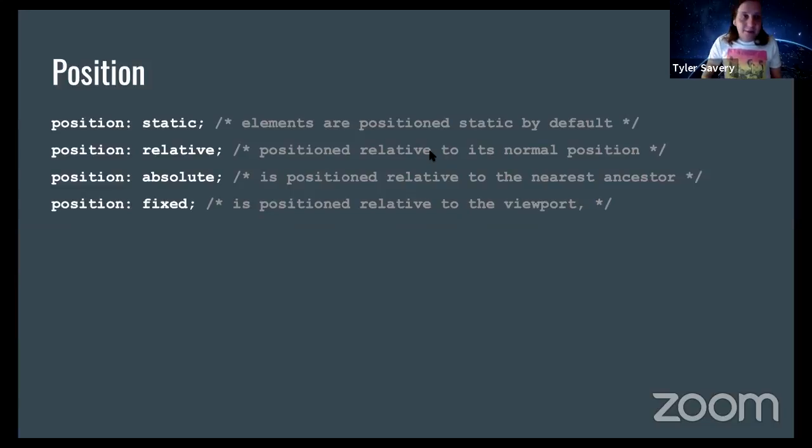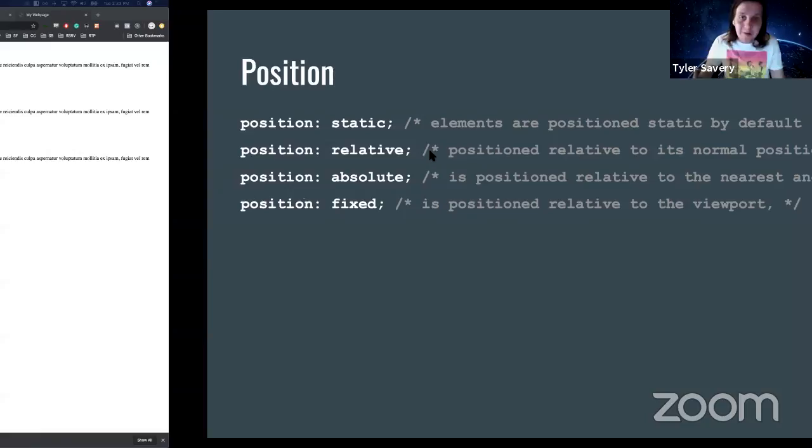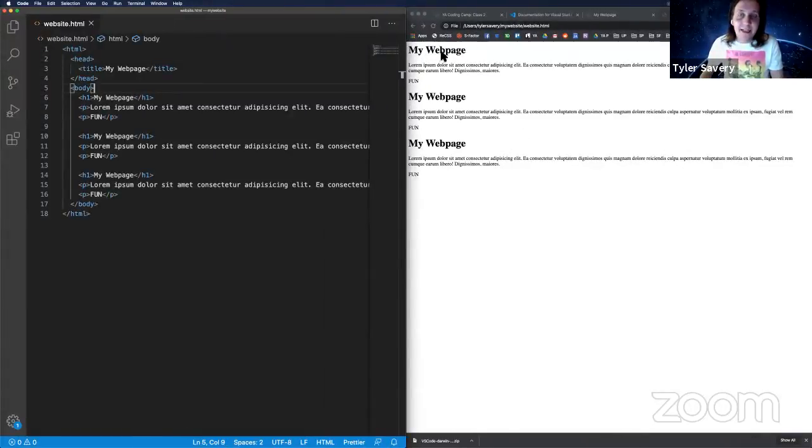Okay. Every tag in your website has what's called a position. This is like the type, the way it behaves on the page. By default, your position is static. So if you don't write a position, it's just static. It's basically what we've been doing here, where they live in their own world, and the next thing comes down and the next thing comes down.